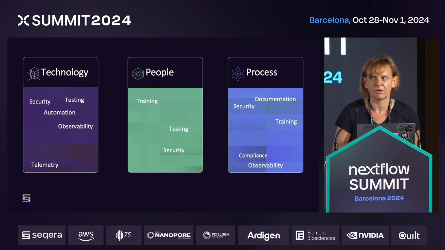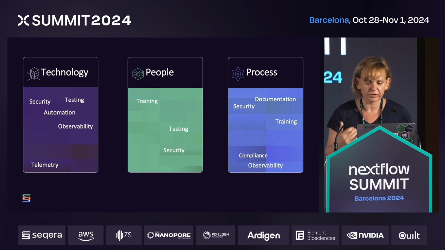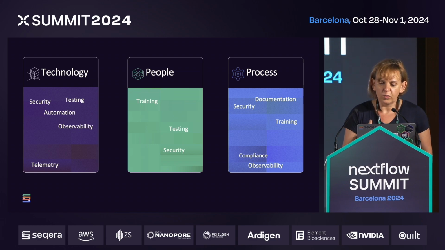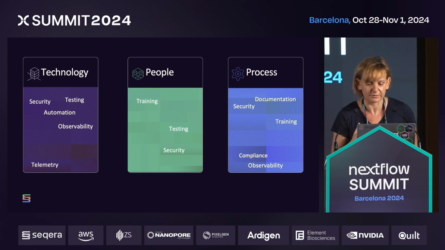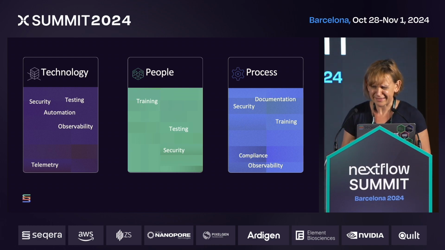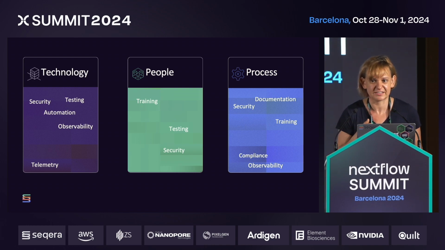Others, like testing, monitoring, and alerting, are ensuring that we don't find out about problems from you slacking us or using Freshdesk or whatever else, but we find out about problems well before a user runs a pipeline or opens up a data studio.